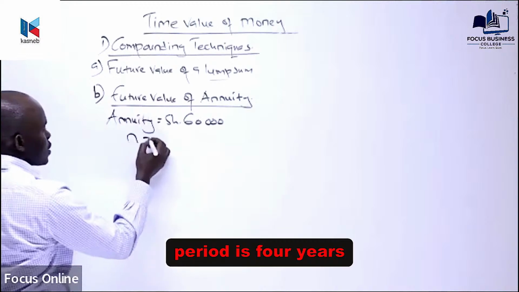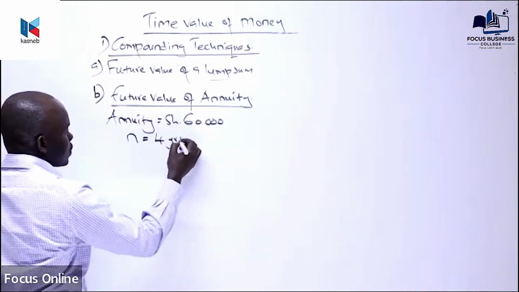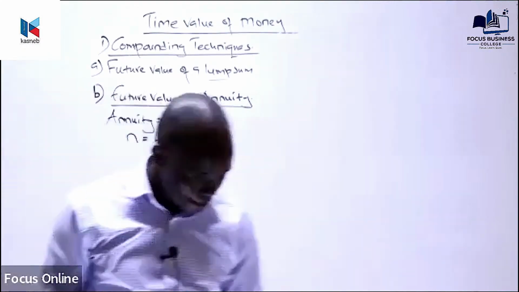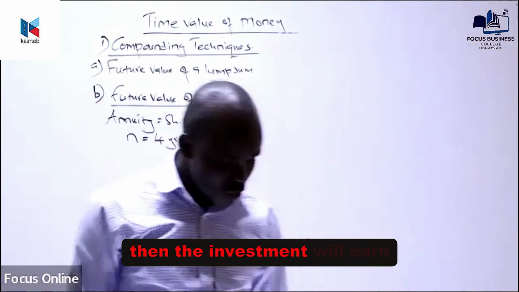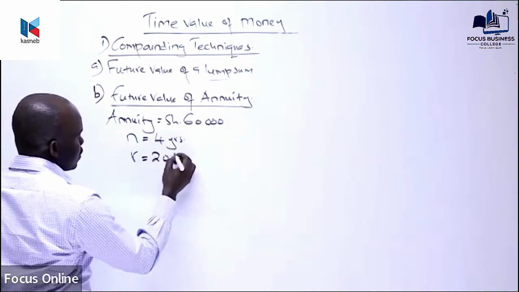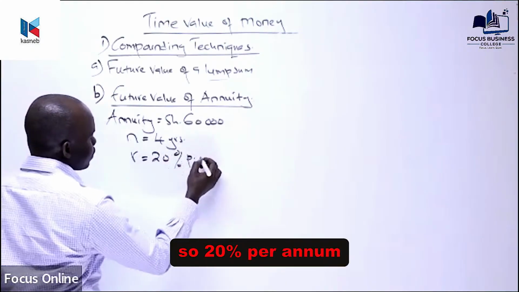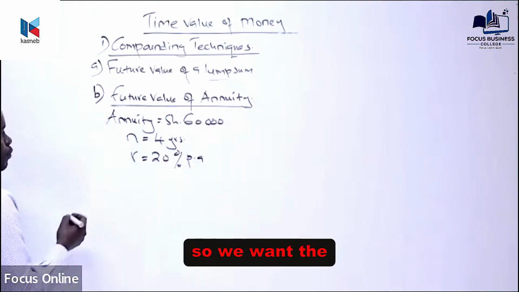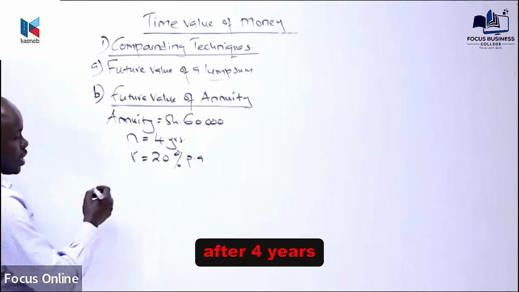Period is 4 years. Then the investment will earn interest at a rate of 20%, so 20% per annum.